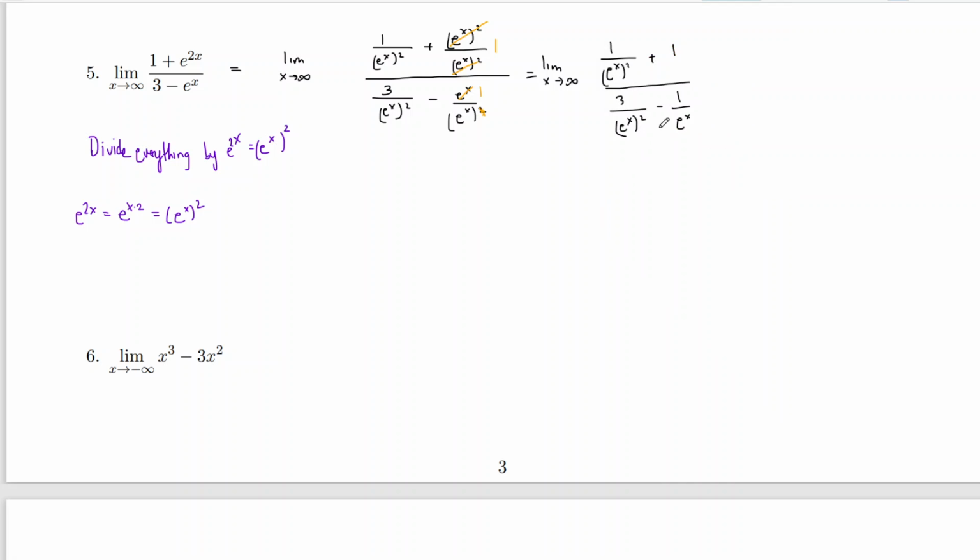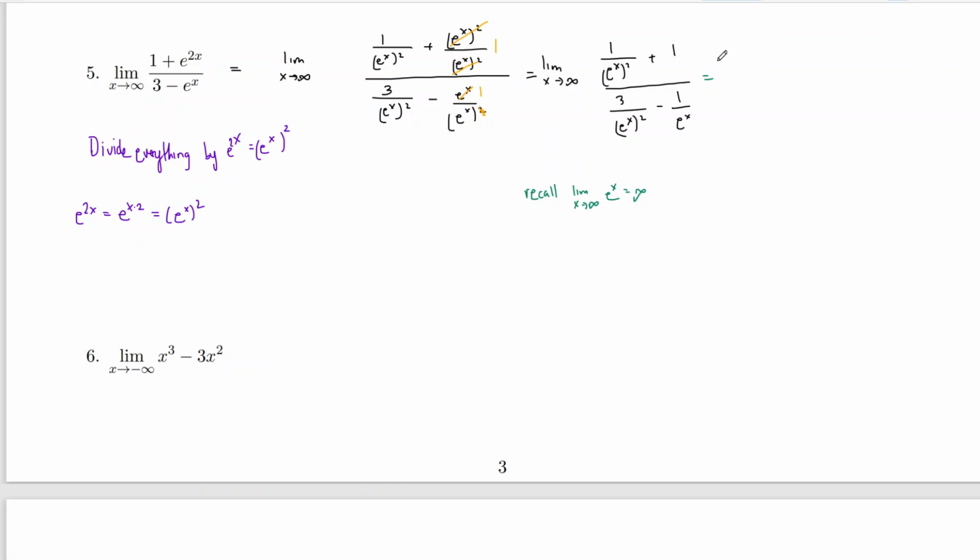All right, and what are we going to get here? Well, now you can do the limit of each part. And I'll just recall from above, the special limits at infinity: the limit as x goes to infinity of e to the x is infinity. So when we do this limit as x goes to infinity, this would be infinity.